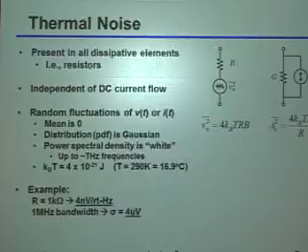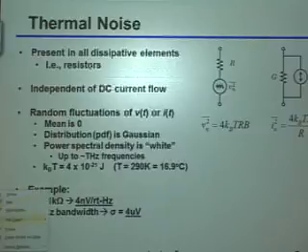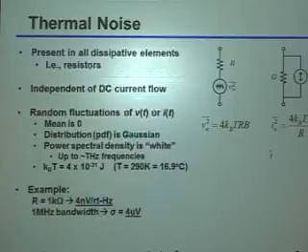Now instead, the current variance is proportional to 1 over the resistance. So to say this in a slightly clearer way, the noise current variance is proportional to the conductance. Okay? Which maybe makes sense because conductance and resistance are inverses of each other, just like voltage in series versus current in parallel. Okay? Does this make sense to everybody?